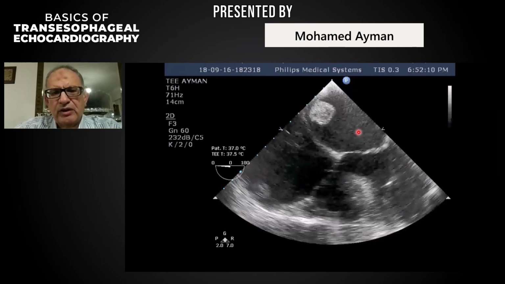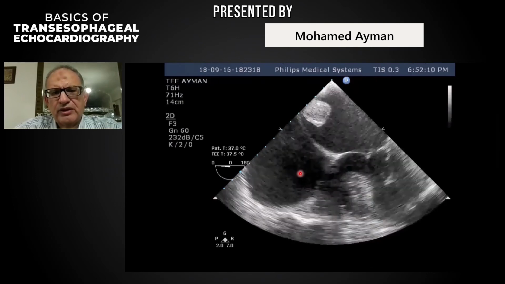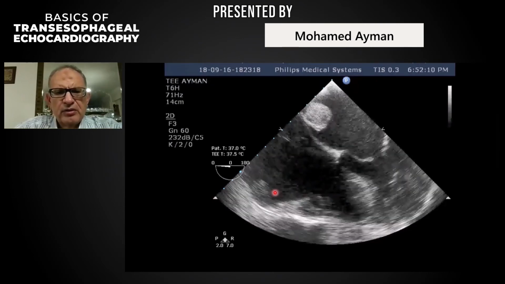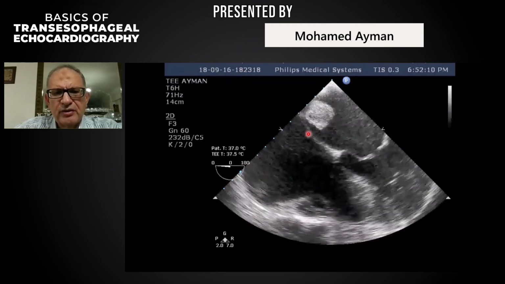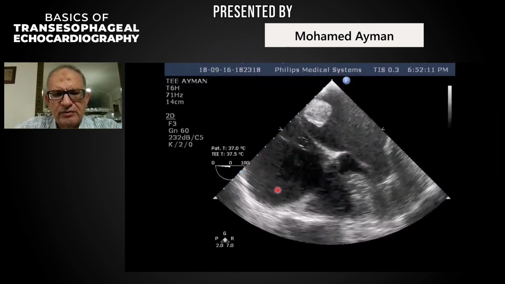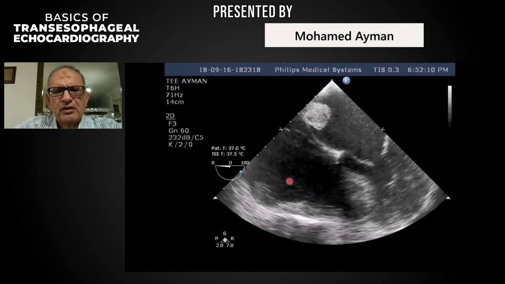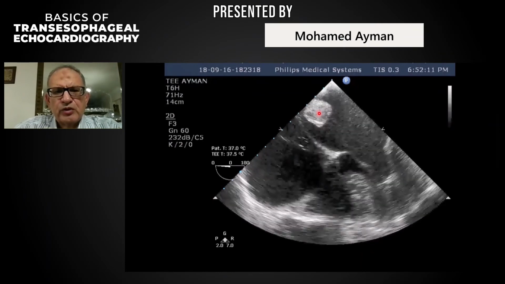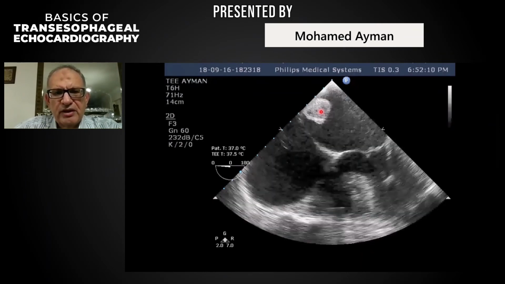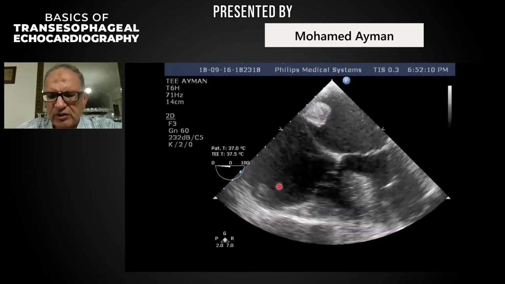However, my colleagues in our echo department told me, look, there is one here and another one here in the right atrium. So we try to focus on this. In this patient we have thrombi in both atria, left atrium and right atrium, as you can see here.